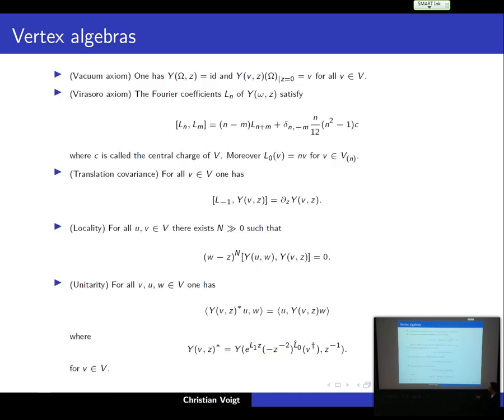The first ones are just the usual vertex algebra axioms. The important additional one is the last one, which explains the unitary structure of your vertex algebra.